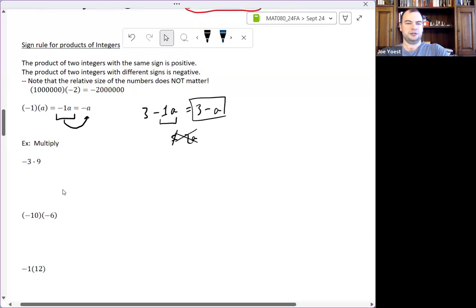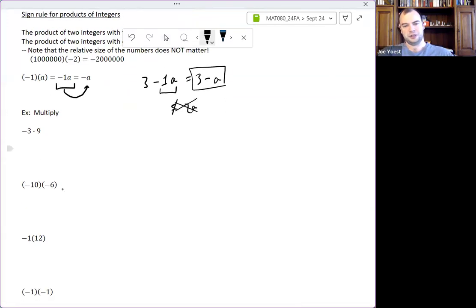Their product is negative. So the answer is going to be negative. And then what's 9 times 3? 27. So the sign of the answer is negative because my two factors have opposite signs. And the size of my answer is 27 because 9 times 3, if I just make them both positive, gives me 27.